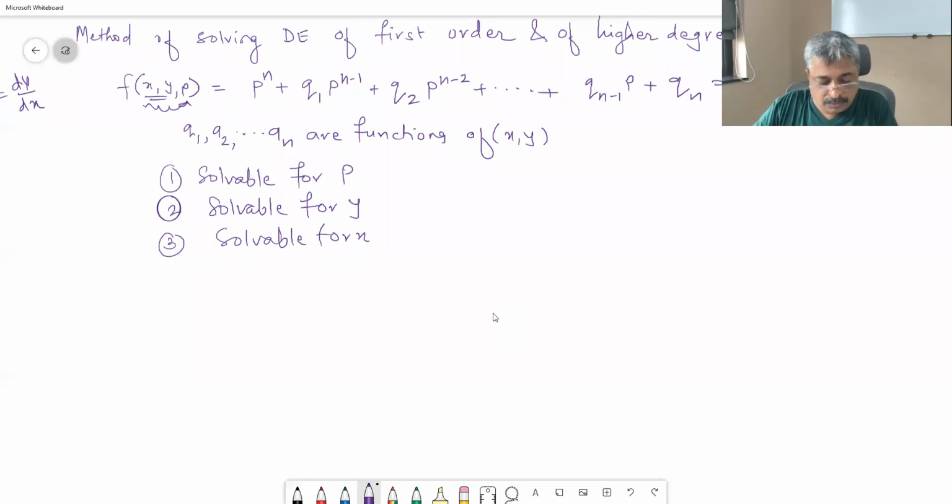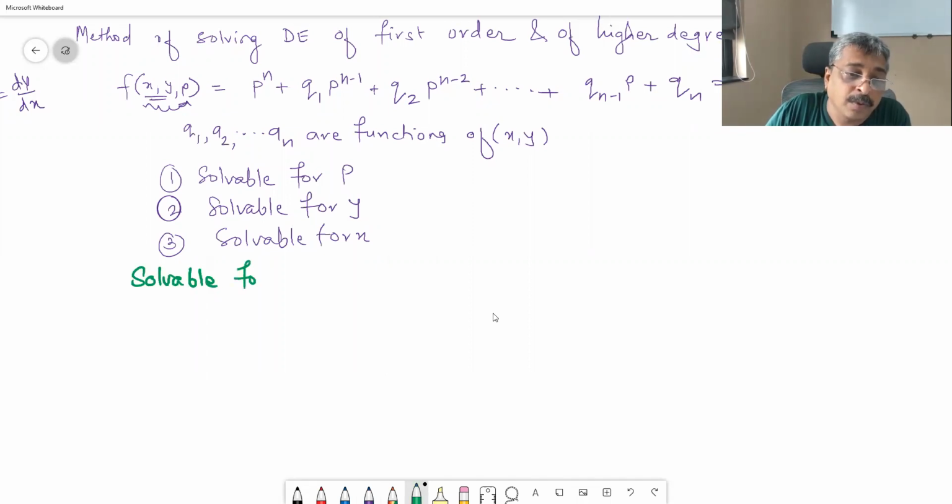So first, solvable for p. Let us consider solvable for p. Now let us learn how this is going to look.